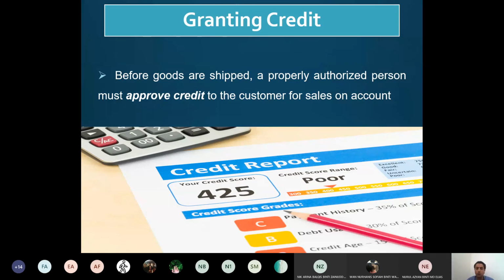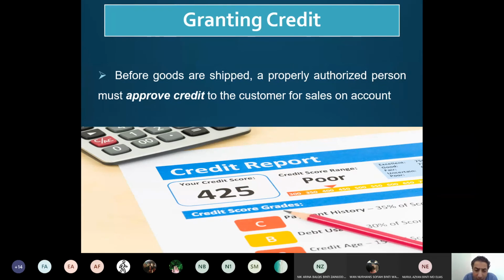Normally, the company should establish standards and categorize the customers, especially the long-term customers that we have, into categories. If you see on the page, we have categories A, B, and C. Based on each category, we give a different amount of credit limit and different time of payment.